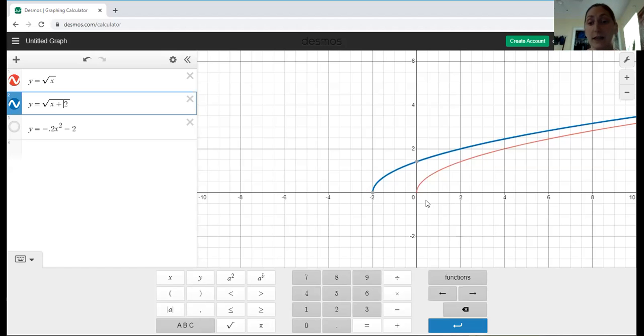If we plug in 0, we get 0 plus 2. 0 plus 2 is 2. The square root of 2 is about 1.4. There you go, 1.4. We cannot have anything past this.